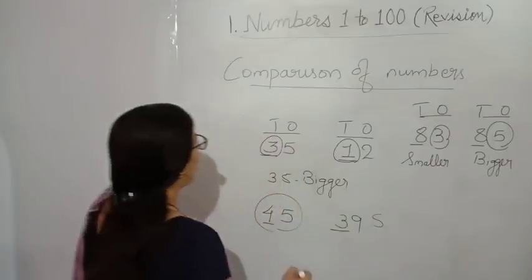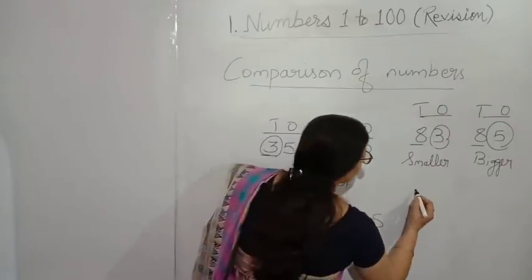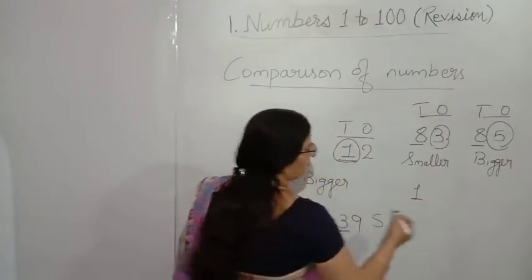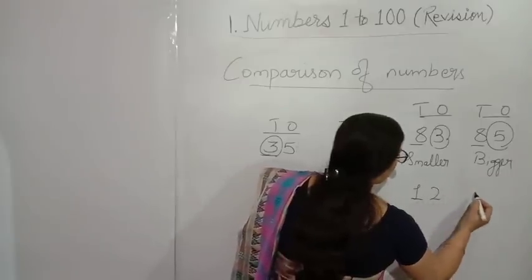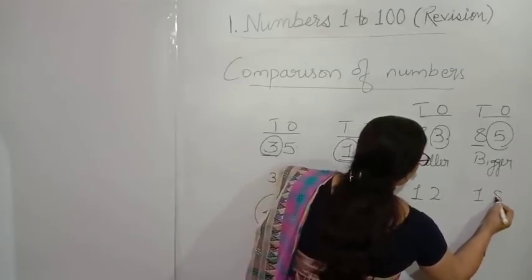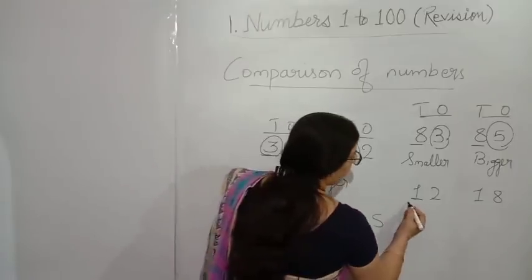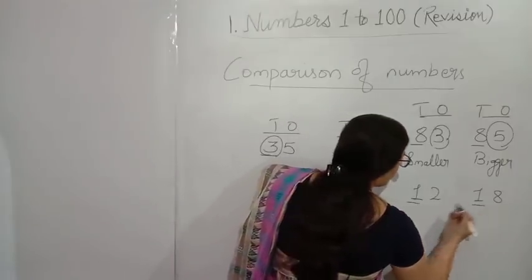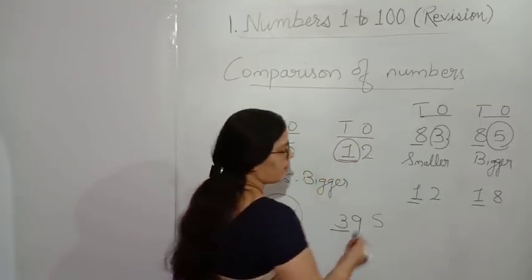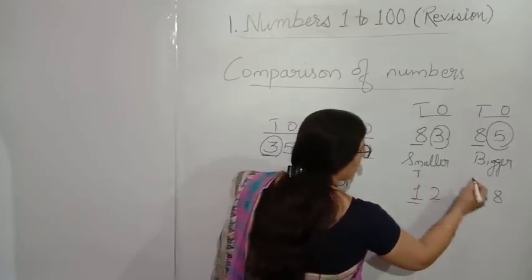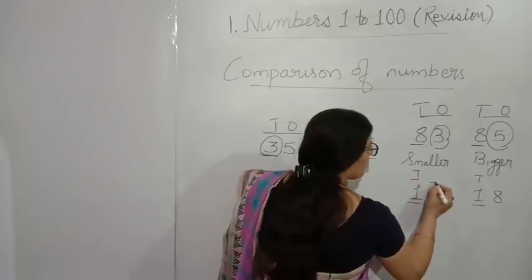Now compare these two numbers: 12 and 18. Which one is the smaller number? See, the tens place is the same. So which place do we have to compare?